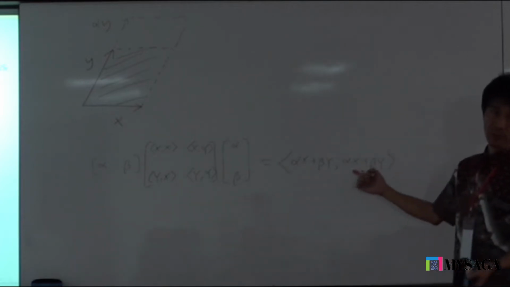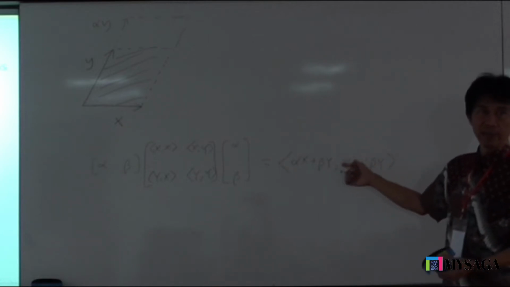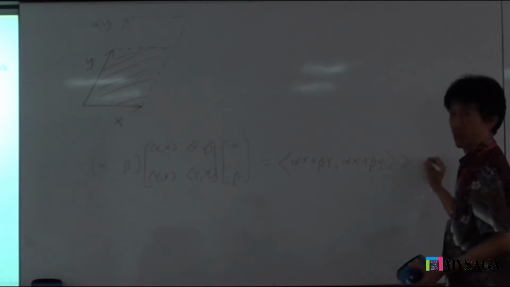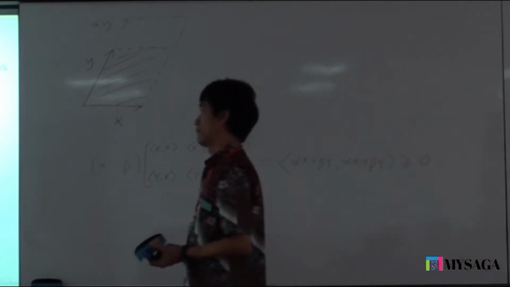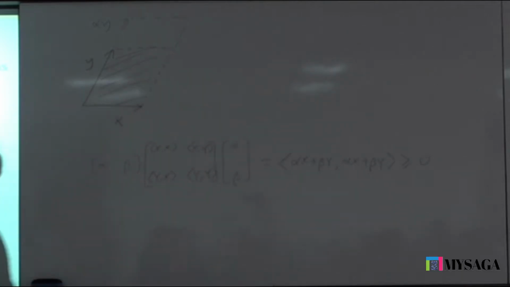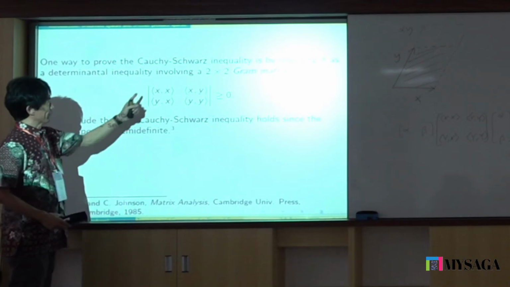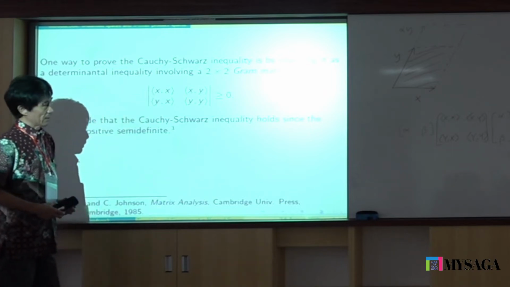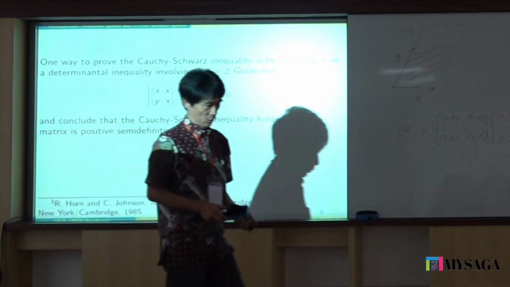Okay, so the inner product of alpha x plus beta y with itself is of course non-negative, and it's true for all alpha and beta. So that's what I mean by positive semi-definite. Okay, and you get the Cauchy-Schwarz inequality from this determinant inequality.